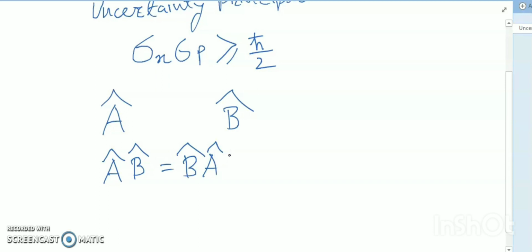In other words, you can flip the two operators without any issues. In general, operators do not commute. So you can get a totally different transformation when you switch the order of the operators.